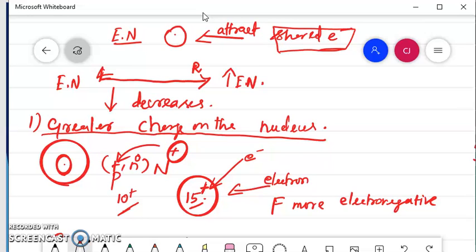Which will attract the electron more? The nucleus with 15 protons will attract the electron more. So electronegativity is higher according to the greater charge on the nucleus. For that reason, the fluorine atom is highly electronegative in the periodic table.